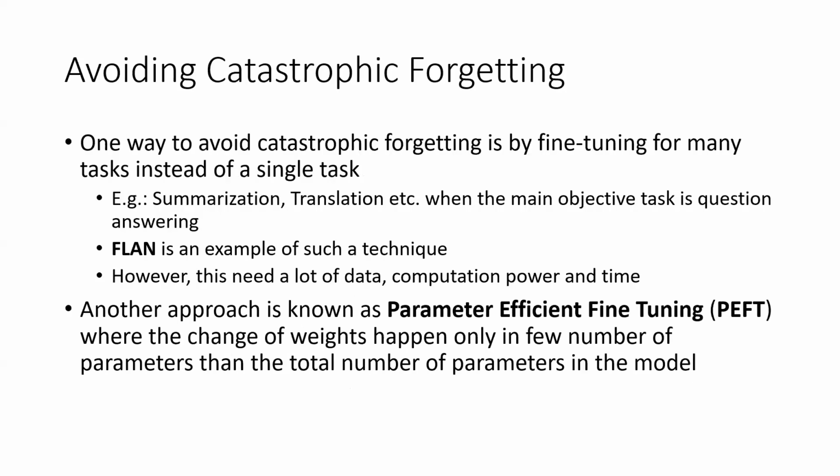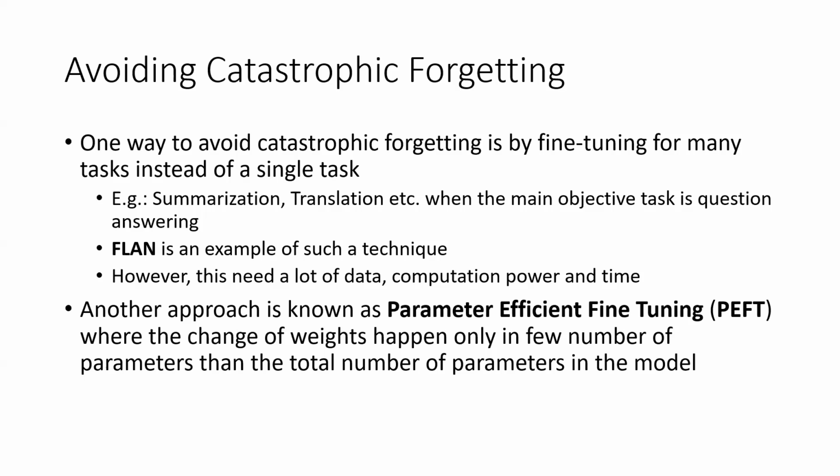So let's see how we can avoid or mitigate this catastrophic forgetting. This catastrophic forgetting mainly happens because we are training with a small amount of data for a specific task. When it comes to pre-training, it was trained with a variety of data sets, so it has a variety of data.